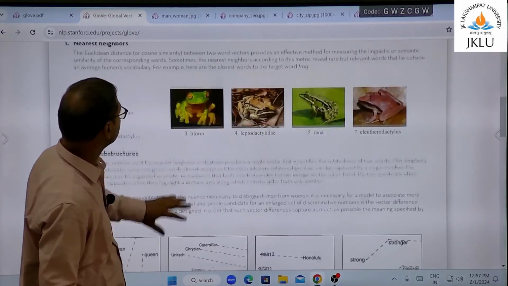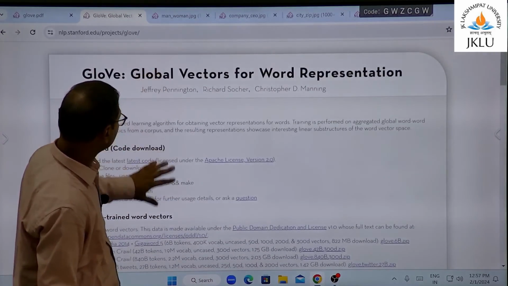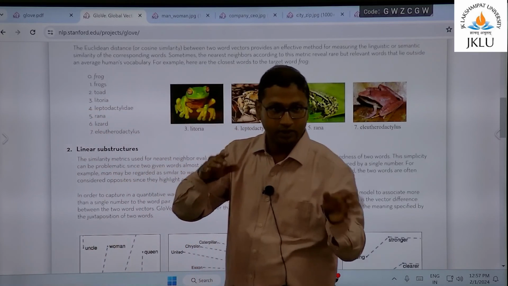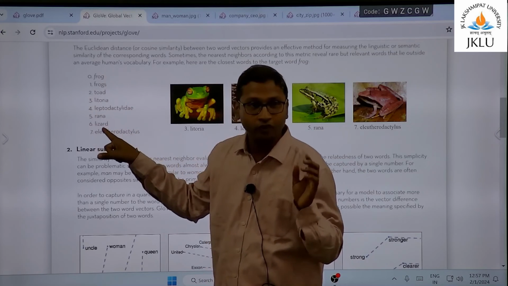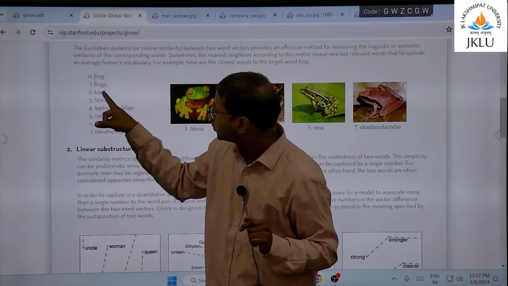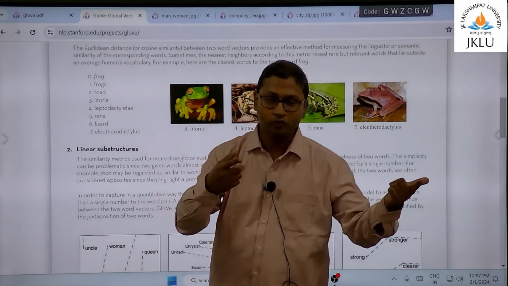So then this is the project page for GloVe. What they say here is, Chris Manning once said, when they were looking for words closer to frog, they got frog, toad. Until then they were happy that these are good words closer to frog.